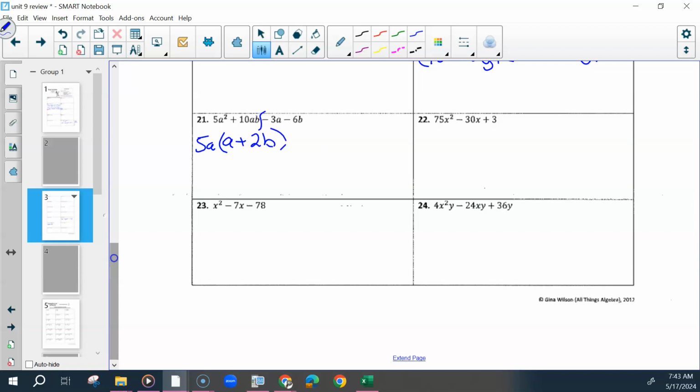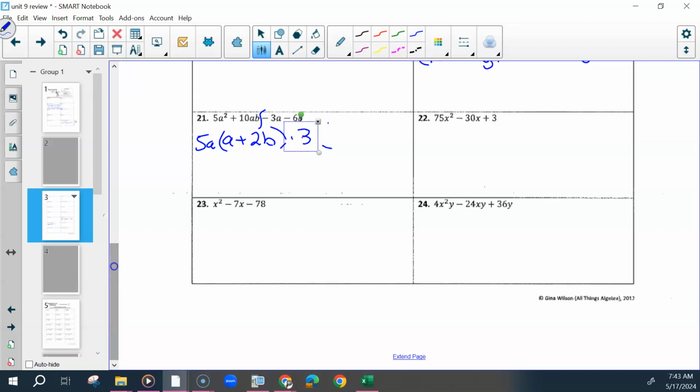And then what can we divide out of the last 2? Negative 3, leaving a plus 2b. So that final answer would be 5a minus 3 and a plus 2b. Neither of those you could do anything else with, so that would be your final answer.